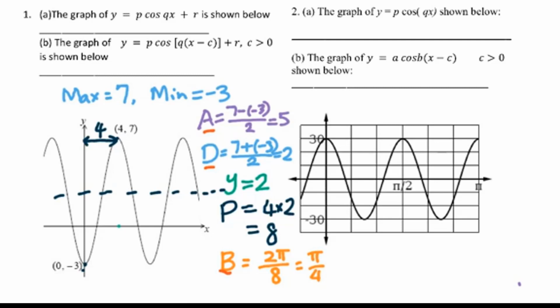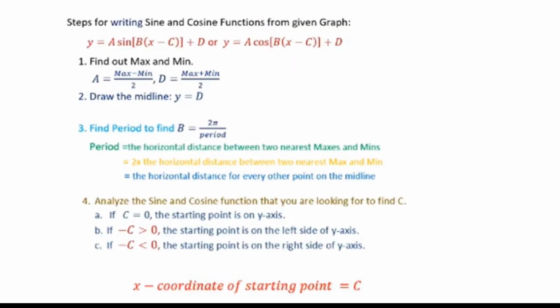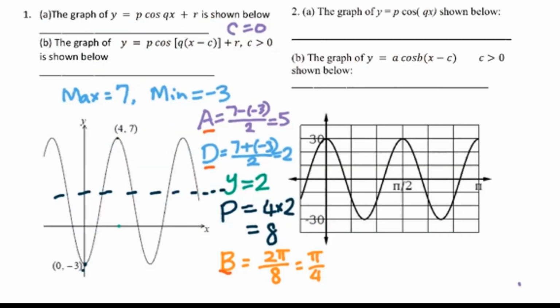From this pattern, we know that c equals 0, because for this given pattern, it didn't say x minus c or x plus c, which means c equals 0. If c equals 0, we know the starting point is on the y-axis, which means this is my starting point. I need to sketch a cosine pattern. So this is the cosine pattern graph.